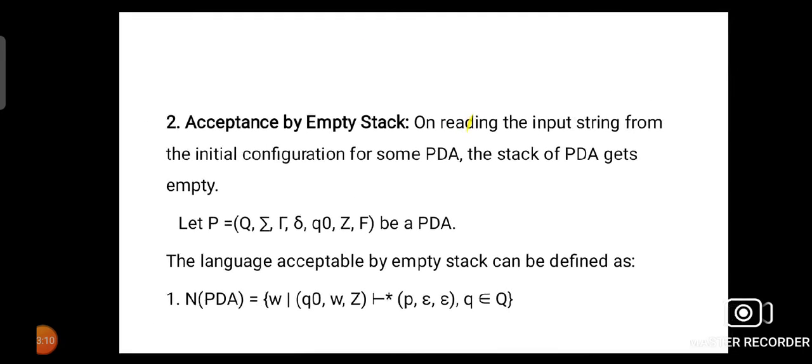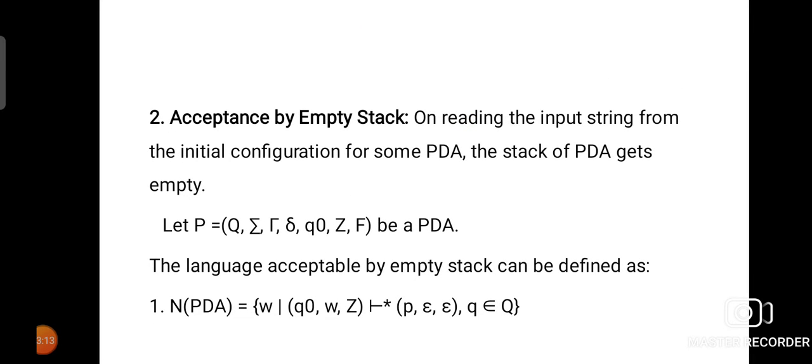And the second case is acceptance by empty stack. On reading the input string from the initial configuration for some PDA, the stack of PDA gets empty. That means when we apply a string to the PDA system, in some states some symbols will be pushed onto the stack, and sometimes symbols will be popped from the stack. That is based upon the logic of the problem.